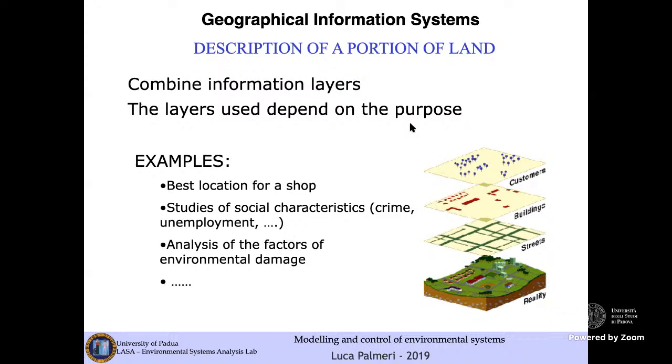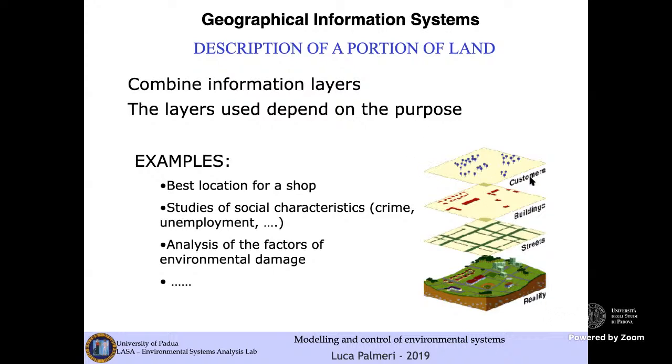The idea is that of combining different information layers, and the layers used depend, of course, on the purpose of the model. Some examples of geographic information system modeling are a model for finding the best location for a shop, or studies of social characteristics like crime, unemployment, or analysis of a factor of environmental damage, that is the topic that is of interest for environmental engineers.